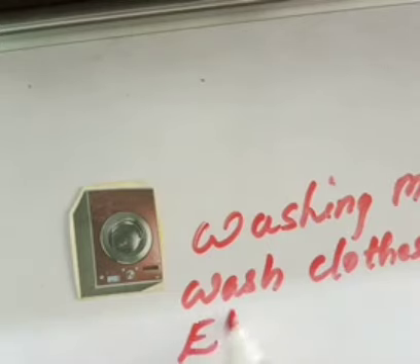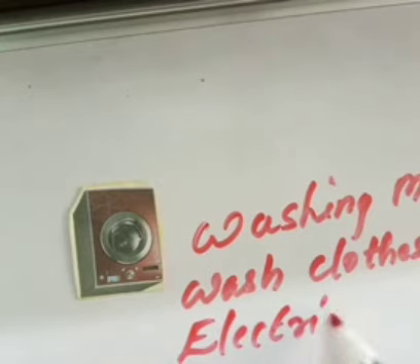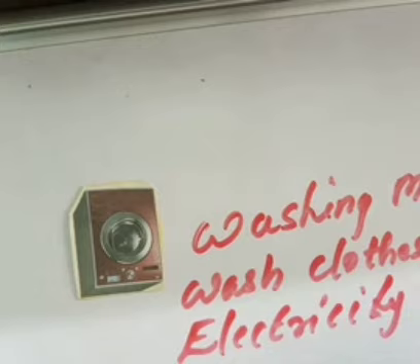Yes, electricity. So instead of writing the full spelling, you should write the first letter E. Okay. So this is a washing machine, and this machine helps us to wash our clothes, and these machines need electricity to work. Okay. So moving to the next picture.